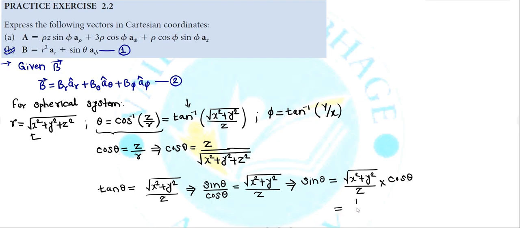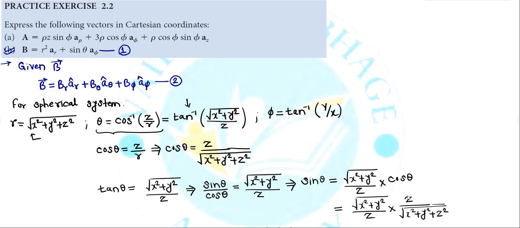That will be square root of x square plus y square upon z, multiplied by cos theta, which is z upon square root of x square plus y square plus z square.